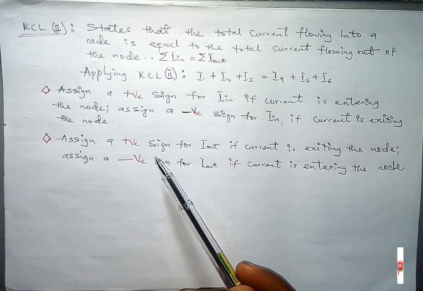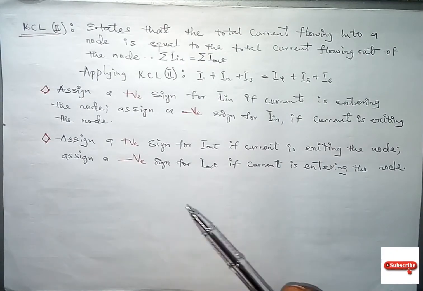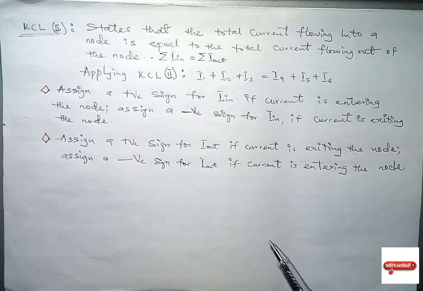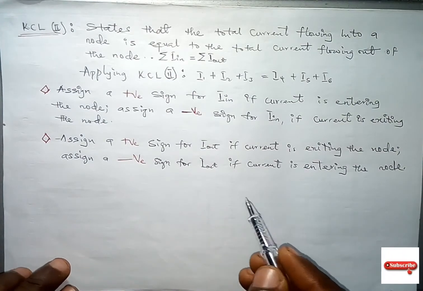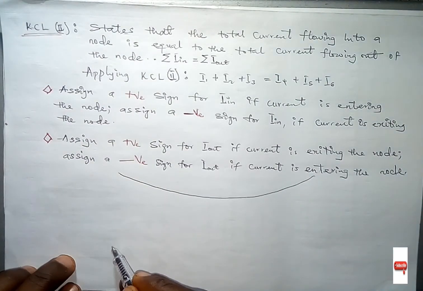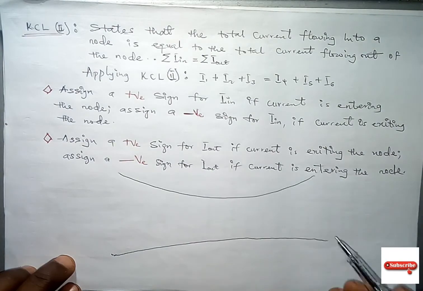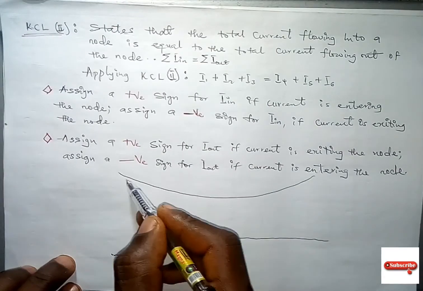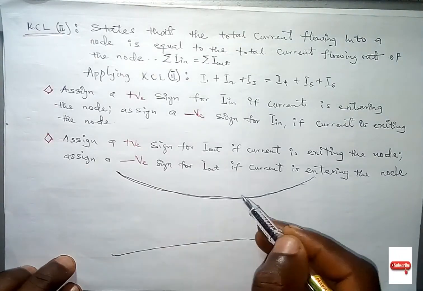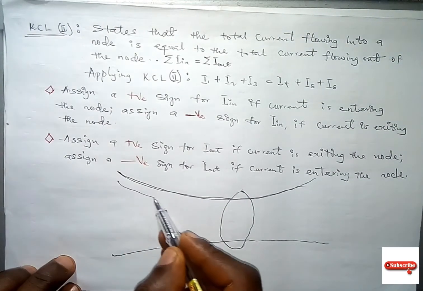We can also compare this to water that flows in a pipe. It doesn't matter whether the pipe is wider at one end and narrow at the other end. Let's say we have a pipe like this, wider at this end and very narrow at the other end. Excuse me, I'm not really perfect at drawing.